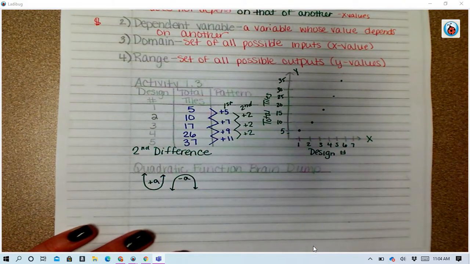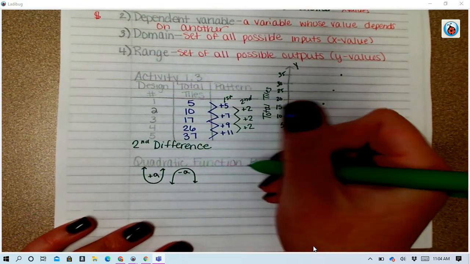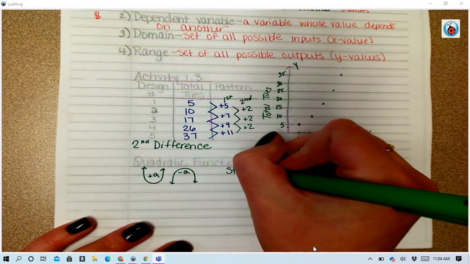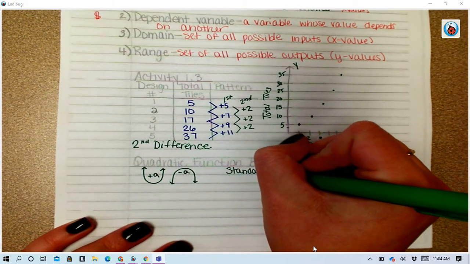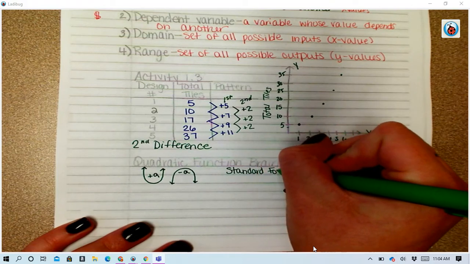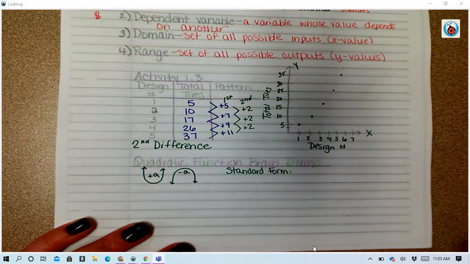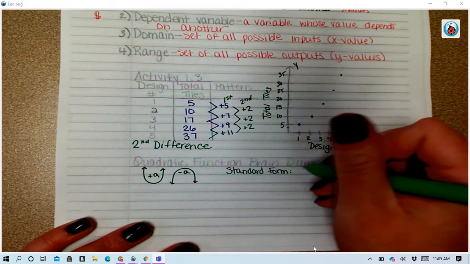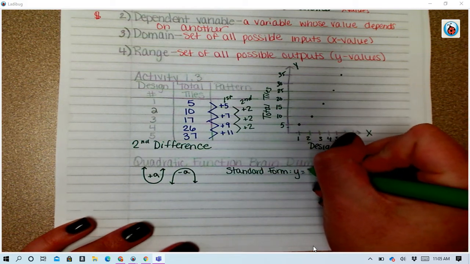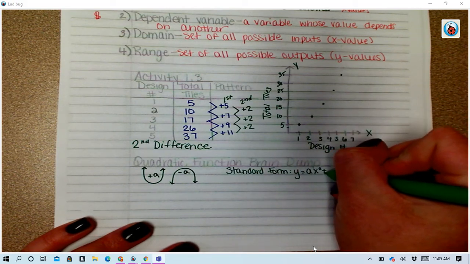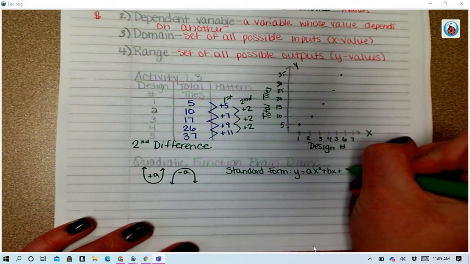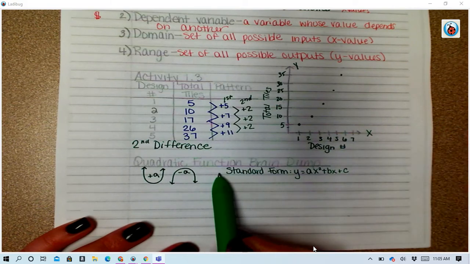And we have talked about standard form already, and there's also 2 other forms of a quadratic. So if you don't have this stuff written down, I would add it. So standard form of a quadratic is y equals ax squared plus bx plus c. And we've talked about that.